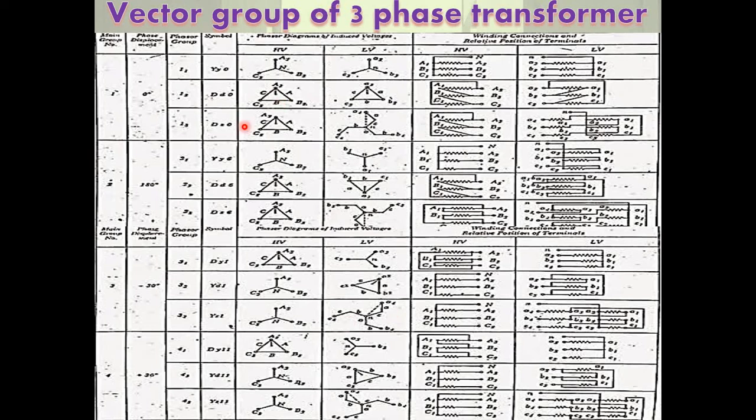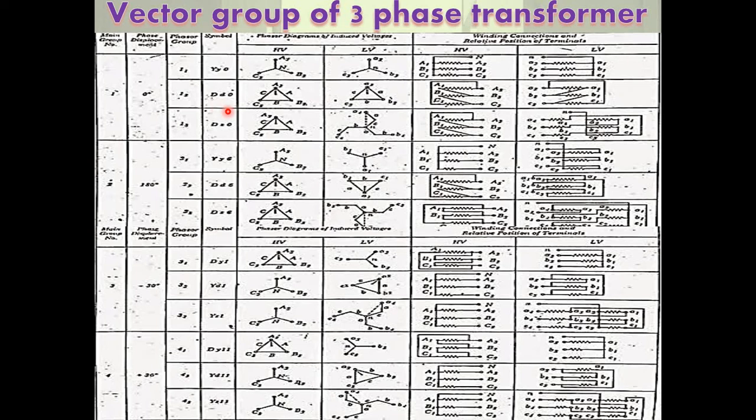Now letter capital Y represents star connected HV sides. Letter small y represents star connected LV side. Letter capital D represents delta connected HV sides. Letter small d represents delta connected LV sides, and capital Z represents interconnected zigzag.